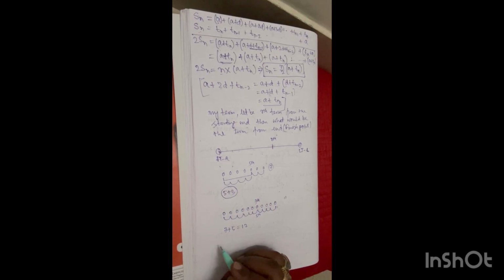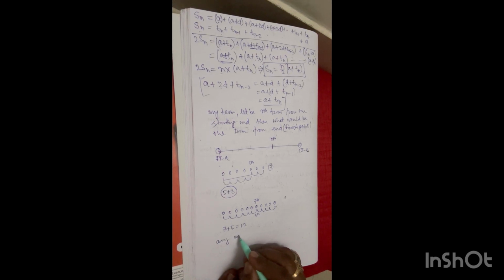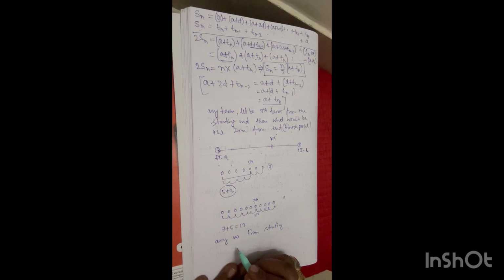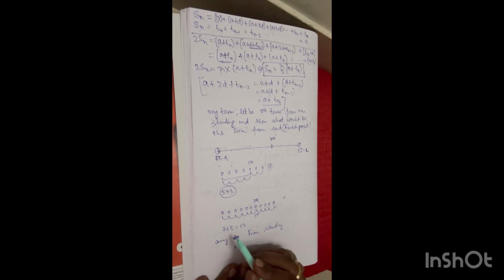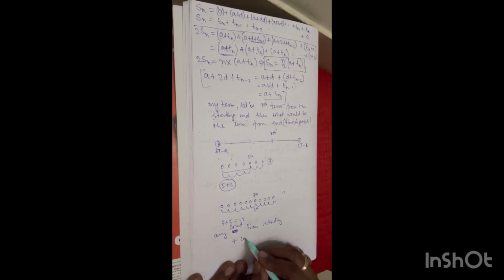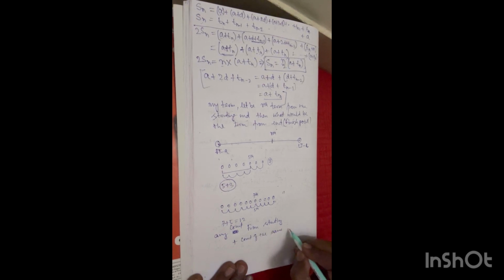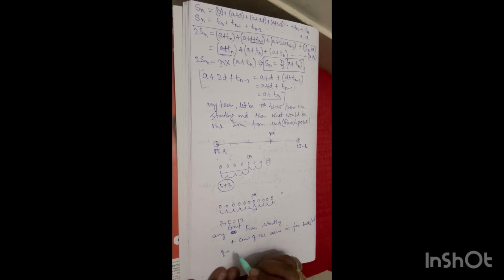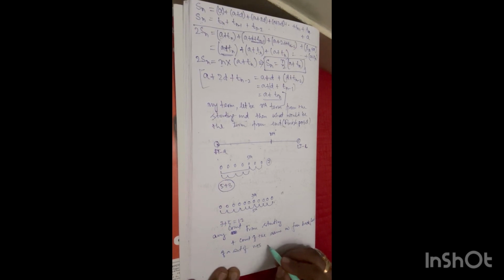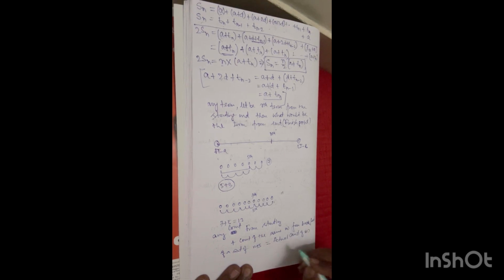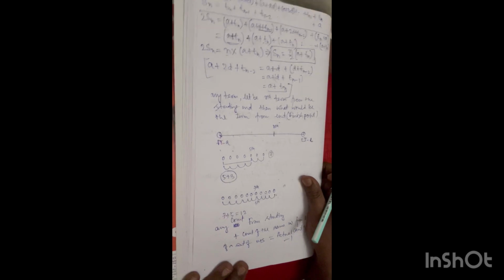So any count from the starting plus the count of the same number from the back or end of a set of numbers is equal to the actual count of numbers plus 1. Can I say that? Isn't it?